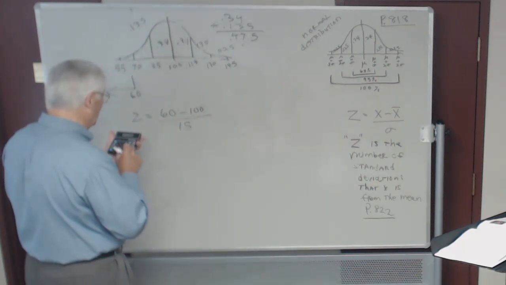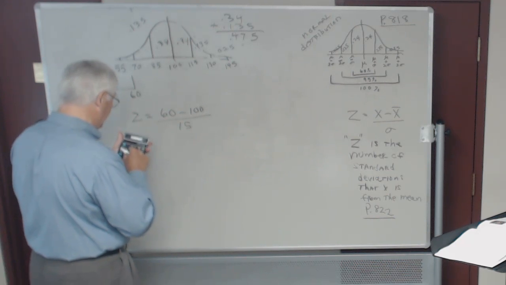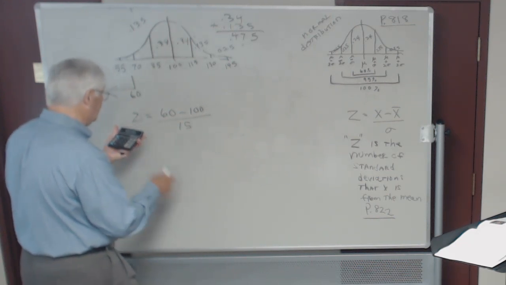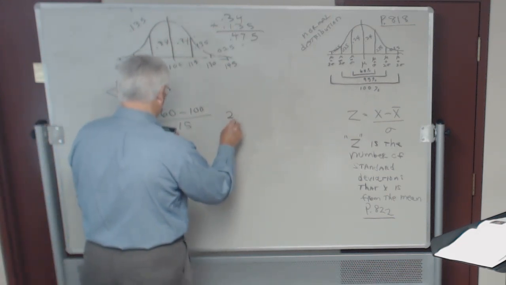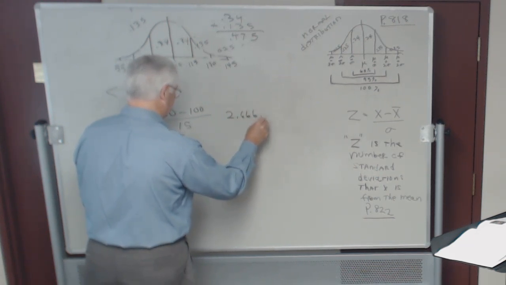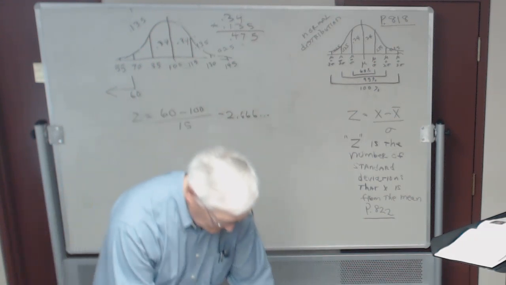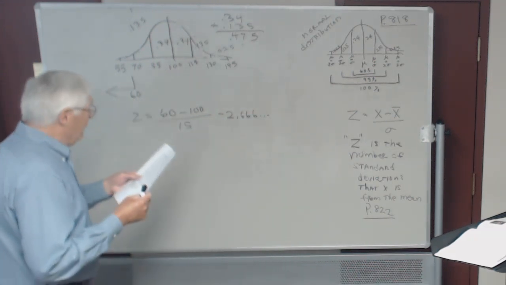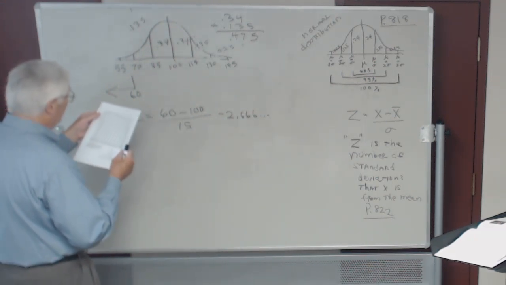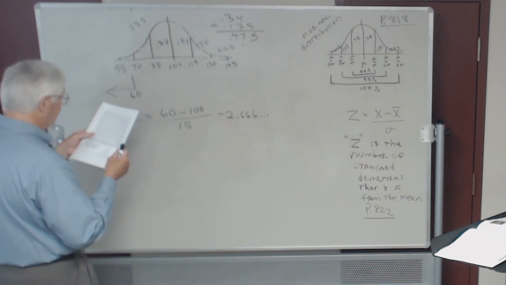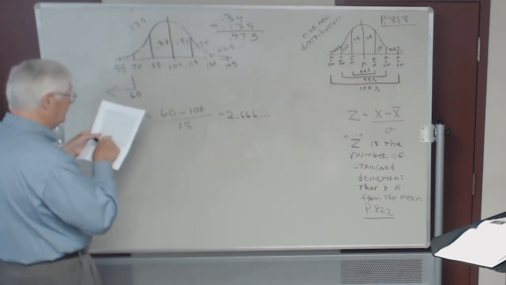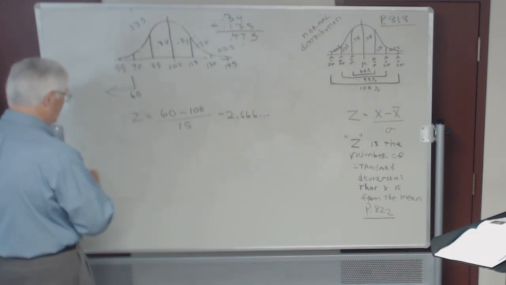Negative 40 divided by 15 equals negative 2.666. So I go down my chart to 2.6 and then across to 6: 0.496.